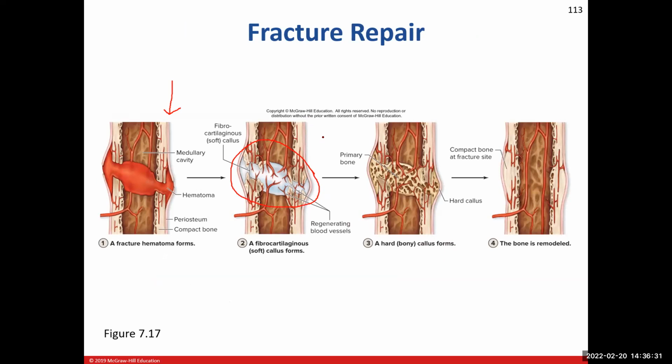The chondrocytes in that area are going to be producing that cartilage scab to help stabilize this region. We call that area the fibrocartilaginous callus, or nickname it, the soft callus.